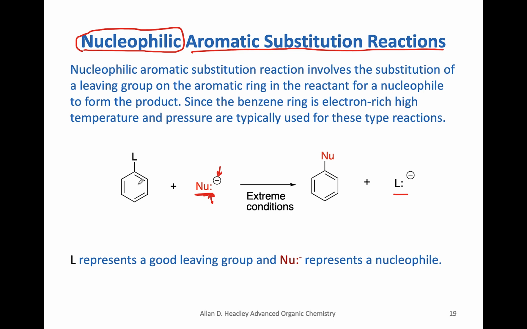So getting electrons to react in an environment where there are lots of electrons requires extreme conditions such as high pressure or high temperature or an extremely strong nucleophile here. So let us see how this reaction works.